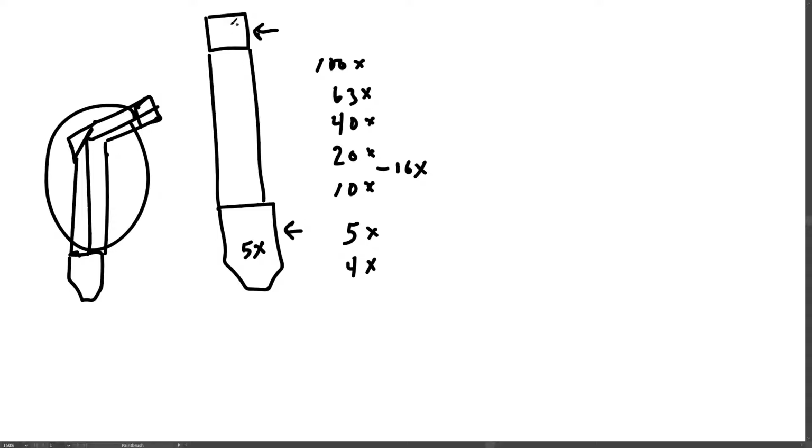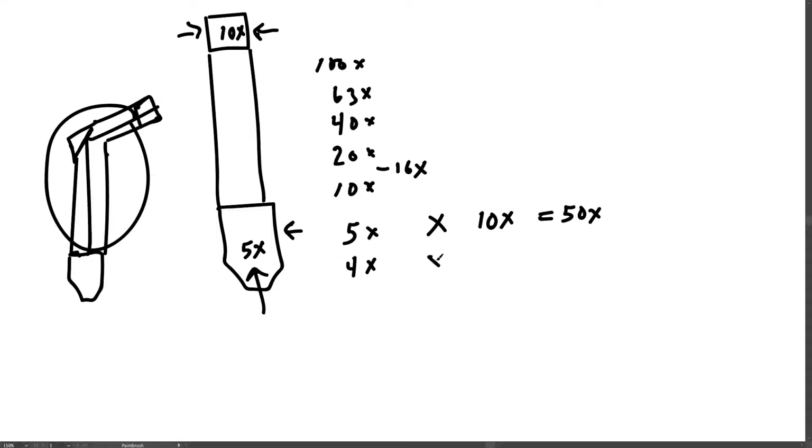The eyepiece itself also has a magnification, and it's usually 10x, but you could have a 12x or a 15x or a 20x. And the final magnification is the magnification of the microscope objective multiplied by the magnification of the eyepiece. So if you had a 10x eyepiece and a 5x microscope objective, you would have a magnification of 50 times.